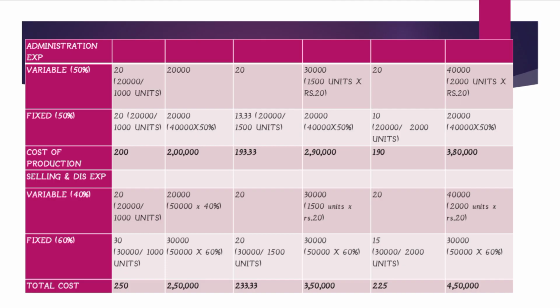By multiplying the units with its price per unit, the value has been found out. For 75%, it will be 30,000, and for 100%, it will be 40,000. By adding all these, at last we will get the total cost of production. It will be 250 for 50%, 233.33 for 75%, and 225 rupees per unit for 100%.